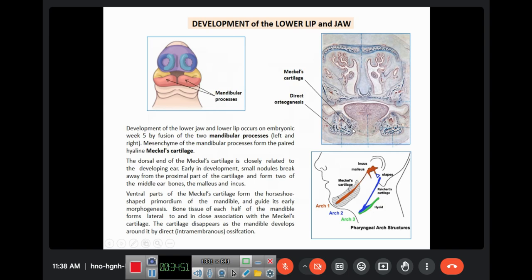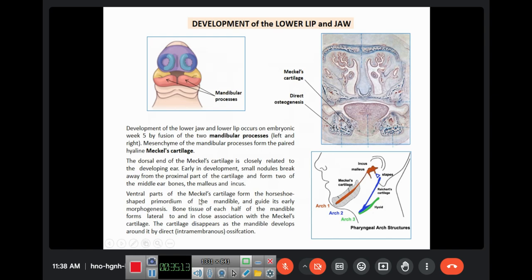So this cartilage is not included in the formation of the bone, so the formation of the bone is direct from the mesenchyme, and the Meckel cartilage just helps the correct formation of the bone in this part.